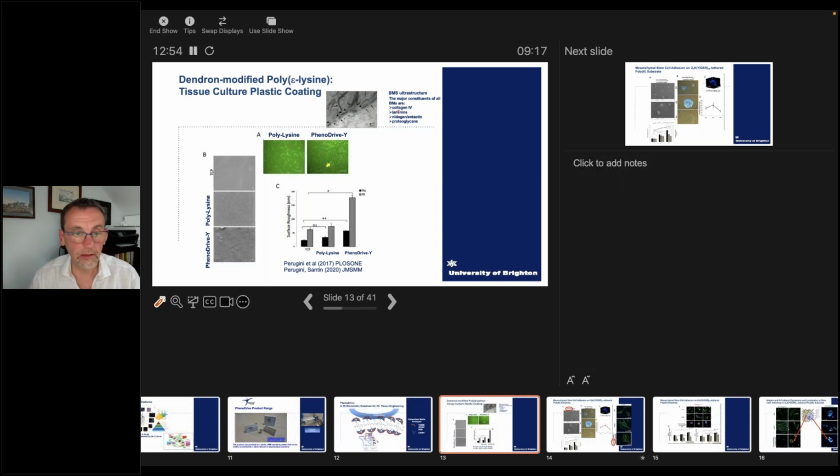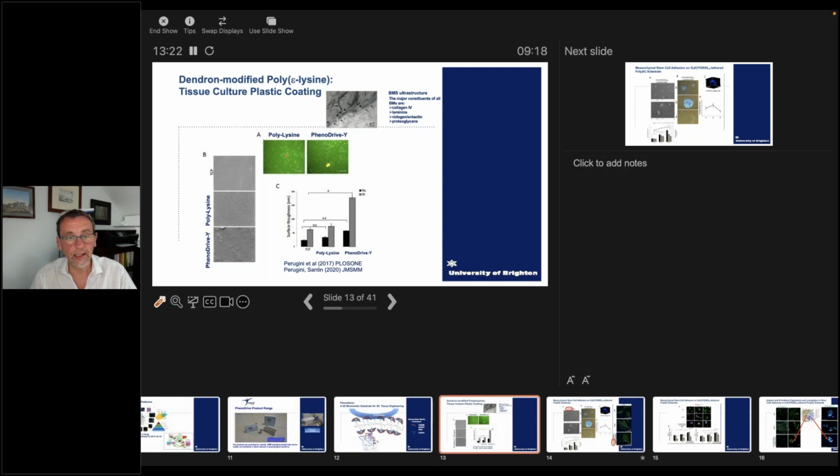You can see in a nutshell in these slides the two being confirmed. In terms of density, if you look at a linear polylysine that has been functionalized with any of those peptides and compare it with PhenoDrive, you can appreciate the higher density of the bioligands presented to the cells for the same square area compared to the polylysine.